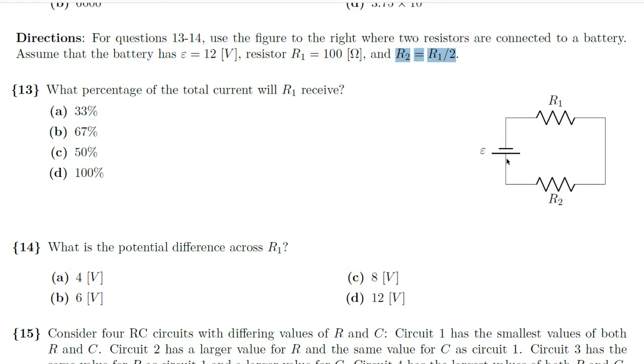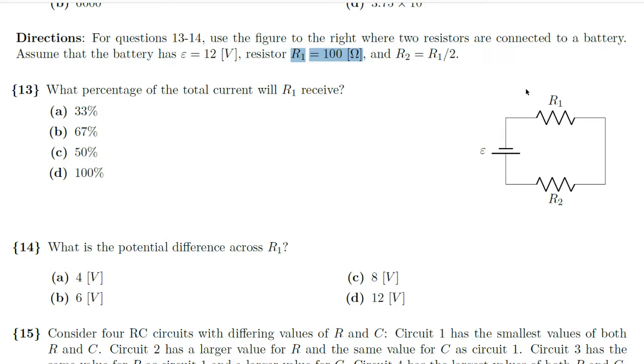If you were to consider the equivalent resistance across the entire thing, the total accumulated resistance, in series the resistances add together to a total of 150. Now you would realize that because R1 has 100 ohms out of 150, based on having more resistance, there should be more voltage across it.